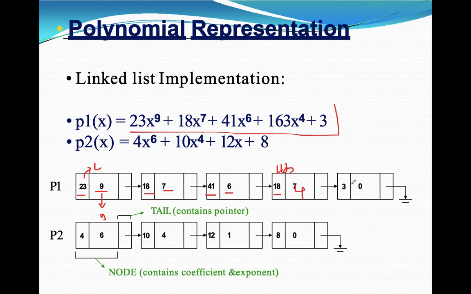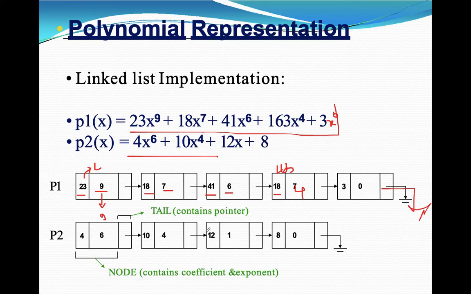Okay, then 3 and this is x to the power 0. Clear? And now it is going to none. This is the same thing, this one 4 x to the power 6, 10 x to the power 4, 12 x to the power 1 and 8 x to the power 0.